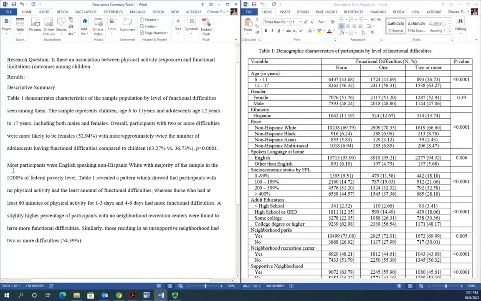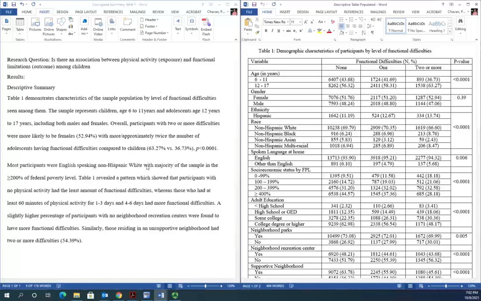Now in the second paragraph, we can go ahead and describe that most participants were English-speaking non-Hispanic white. In this particular sentence, I'm covering two variables. One is the language spoken at home and another one is race and ethnicity.